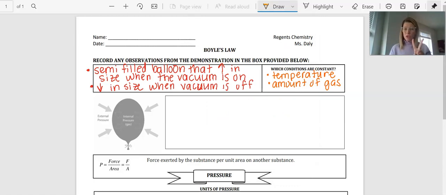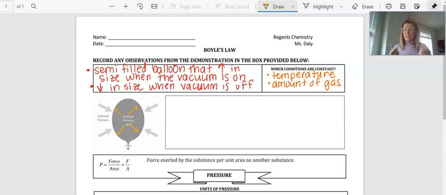There are really two types of pressure that we need to consider in this experiment. There's the external pressure, the pressure that's being pushed onto the balloon. It's created by the air pressure around us. And then we have the internal pressure, which is caused by the gas particles colliding with the interior of the balloon.